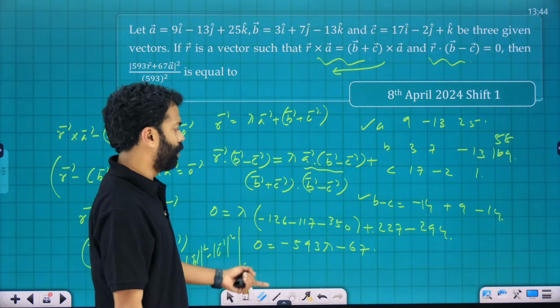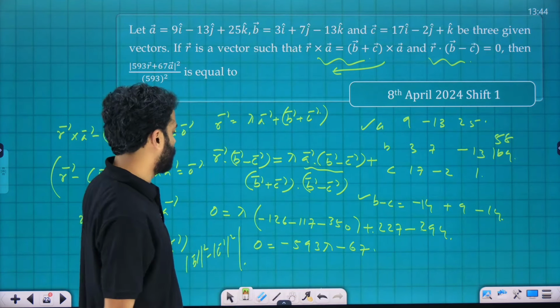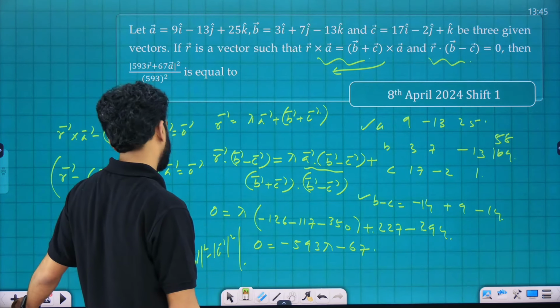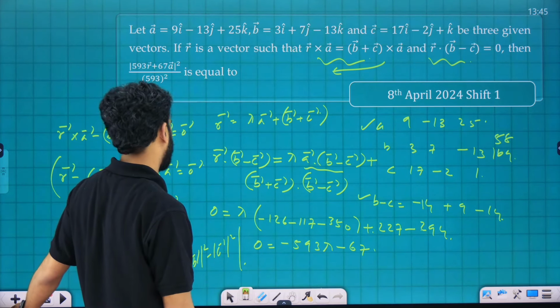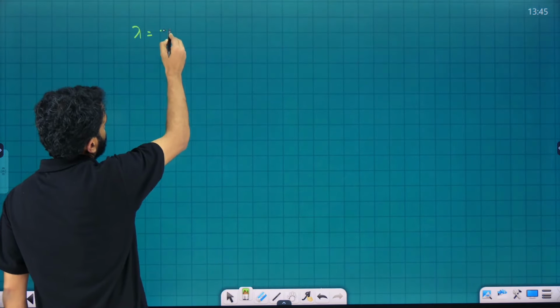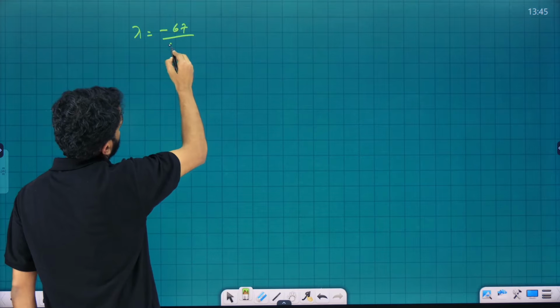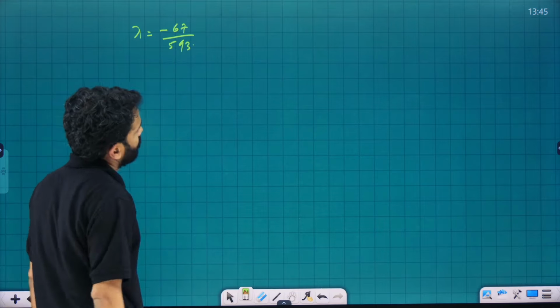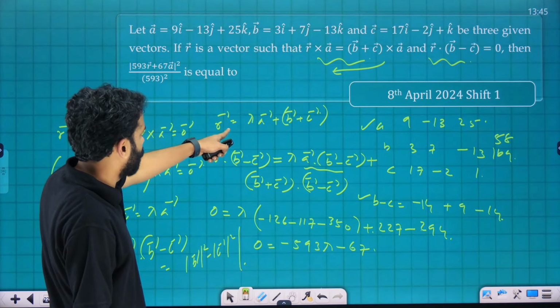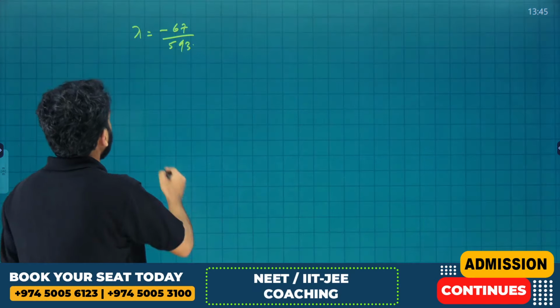So we will obtain lambda from here. Lambda is equal to minus 67 divided by 593. We can substitute the value of lambda here. What is vector r?